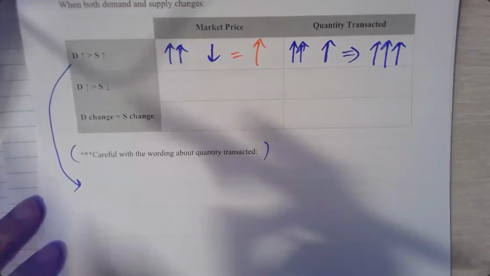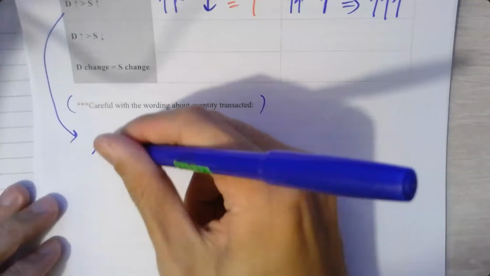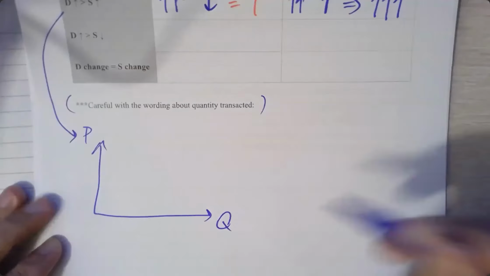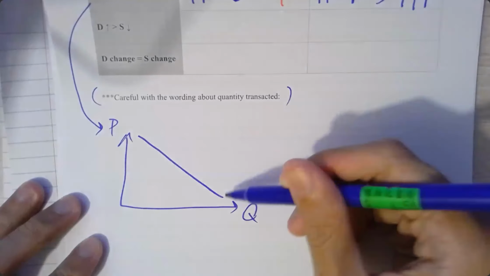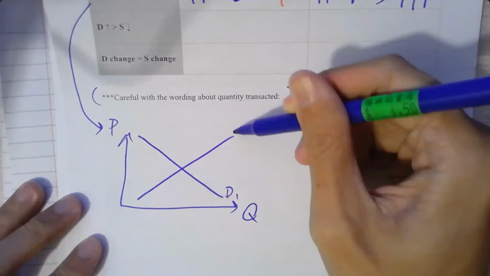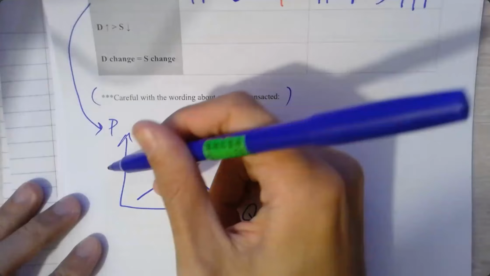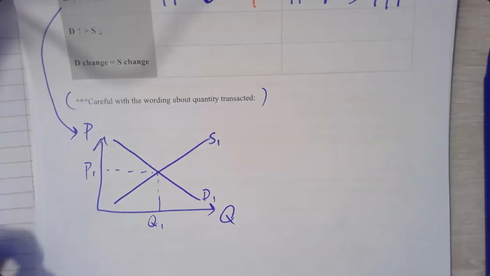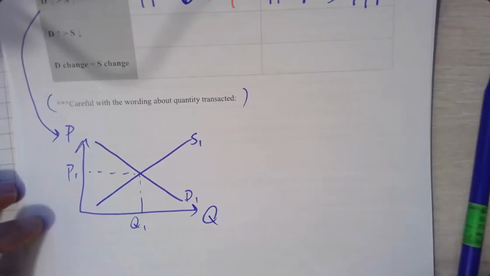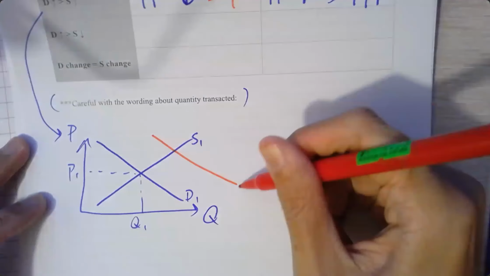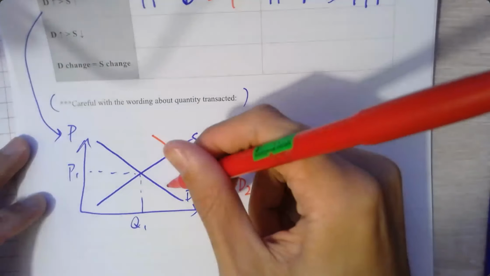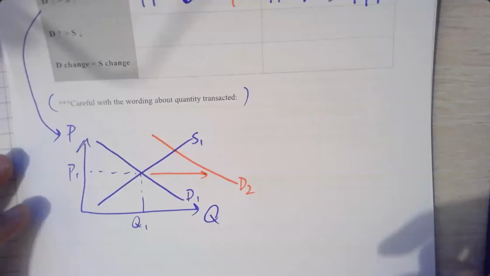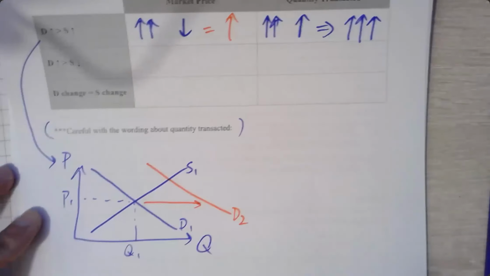We need both to increase. So remember, when we draw these kinds of graphs, we start with a reference point. This is our D1, this is our S1, P1, Q1. 好嘛？Now we need both demand and supply to increase, only that demand would increase by a whole lot. 不如話誇張啲啊。You see, I moved the demand all the way to here, while supply also increased, but only by a little bit.